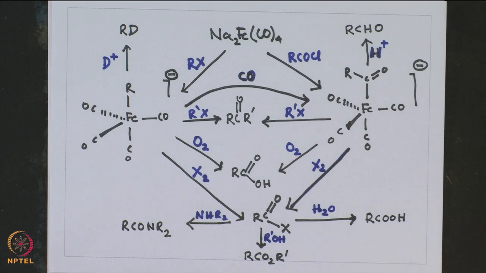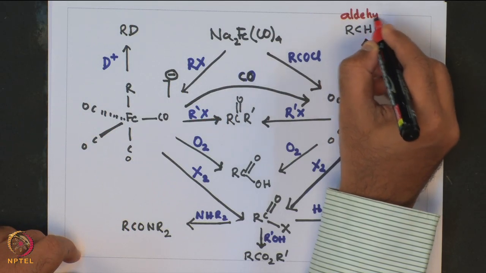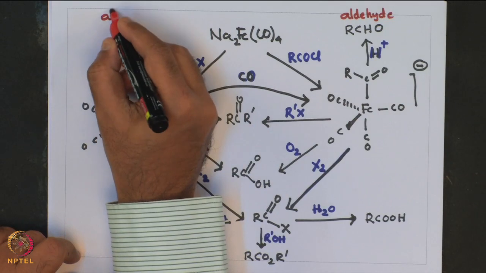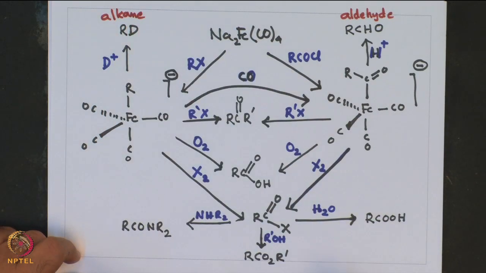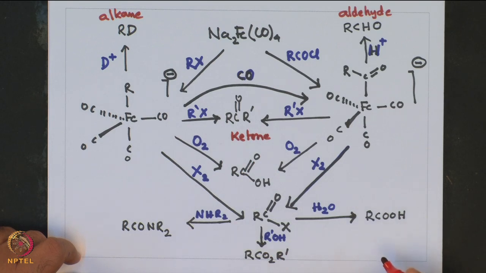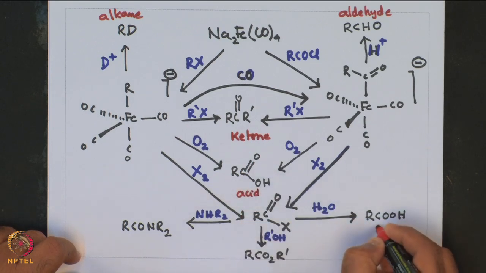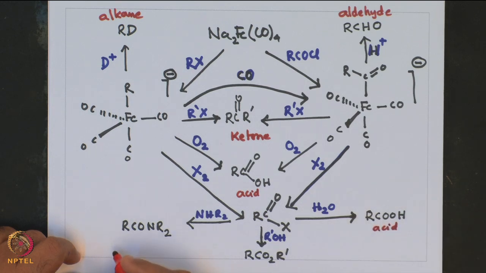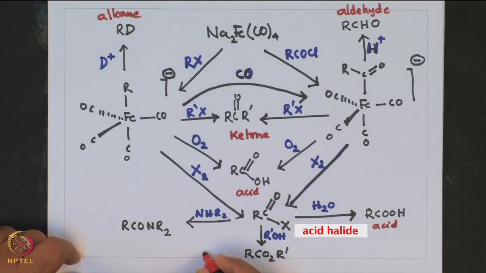So, the utility of Collman's reagent is nicely demonstrated: when treated with organic halogen compounds and followed by workup, one can obtain aldehyde, one can obtain alkane, one can obtain ketone, one can obtain acid, one can obtain acid halide, one can obtain ester, and one can obtain amide.